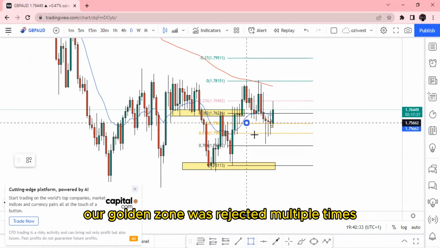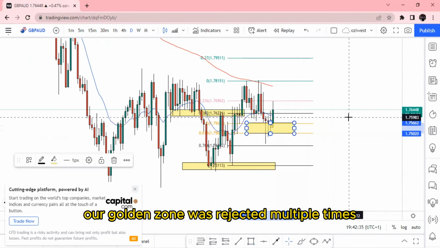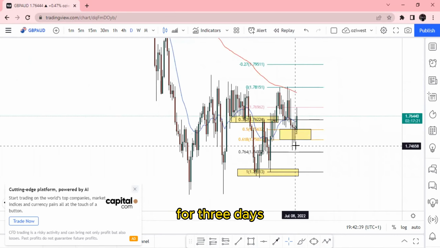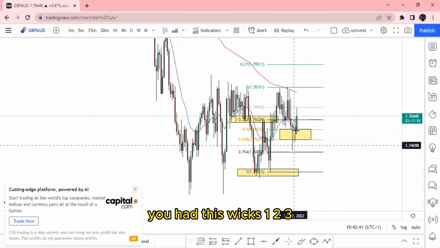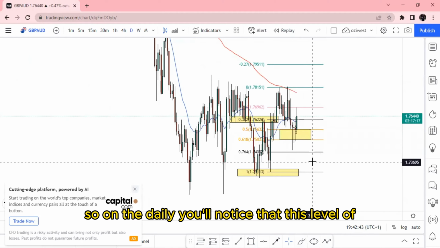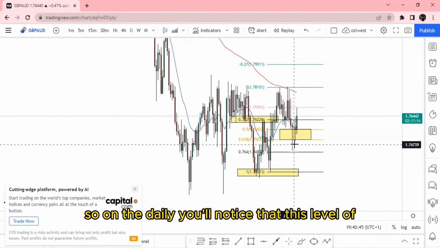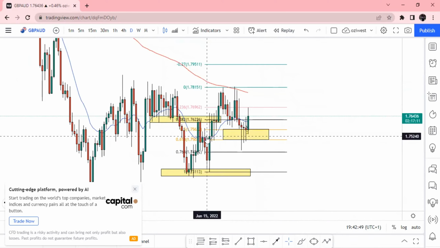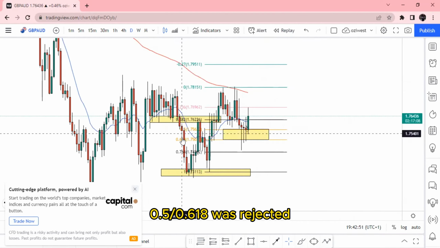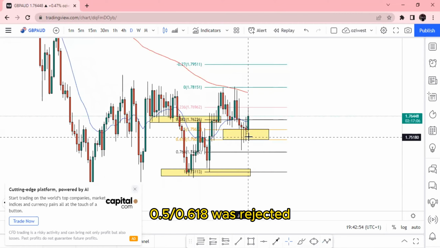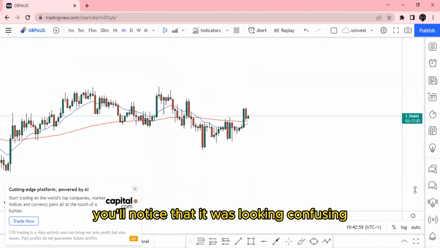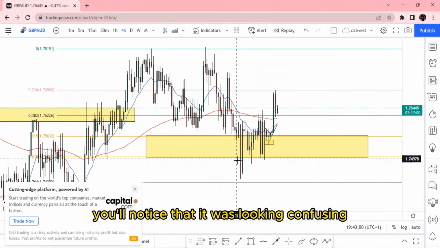Our golden zone was rejected multiple times. For 3 days, we had these wicks, 1, 2, 3. So on the daily, you notice that this level of 0.5/0.618 was rejected. But on the 4-hour time frame, it was looking confusing.